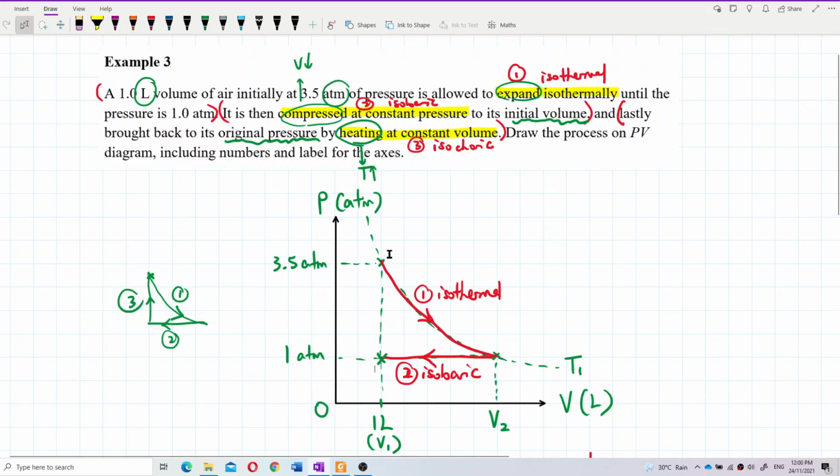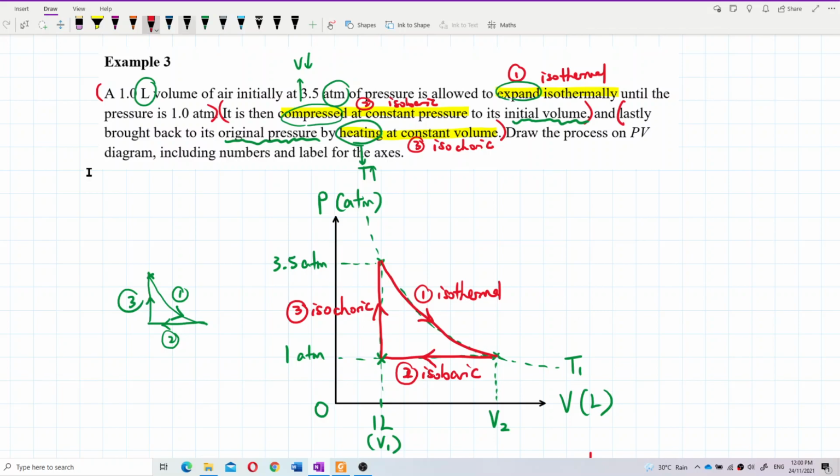Go back up to the original pressure. So the graph should go up. So this is the third process, which is isochoric.